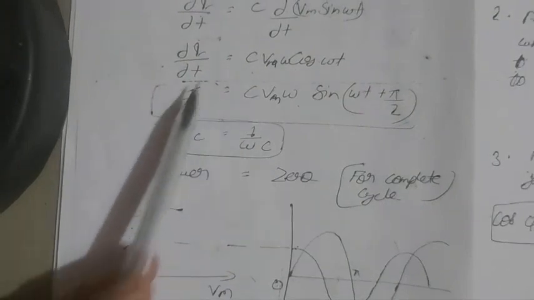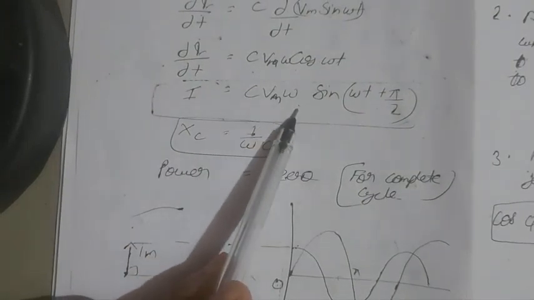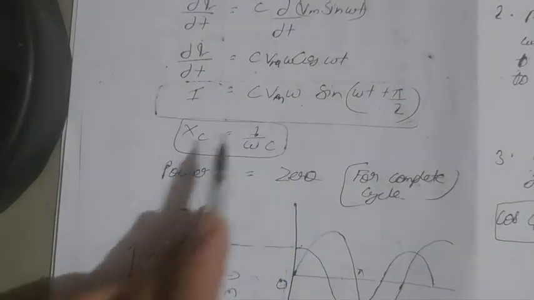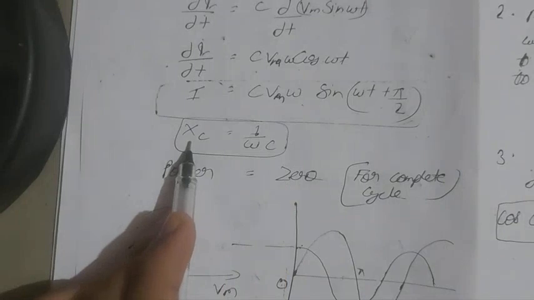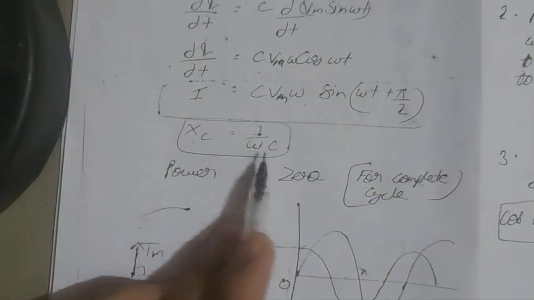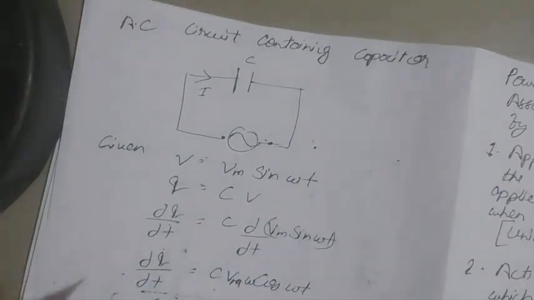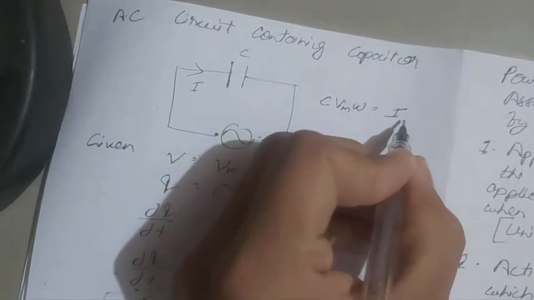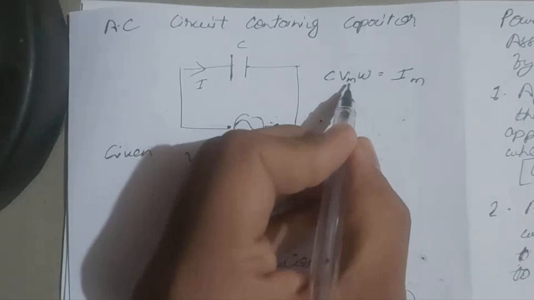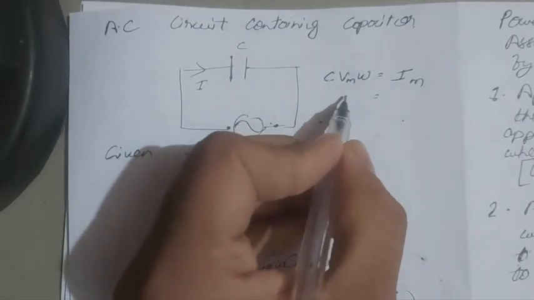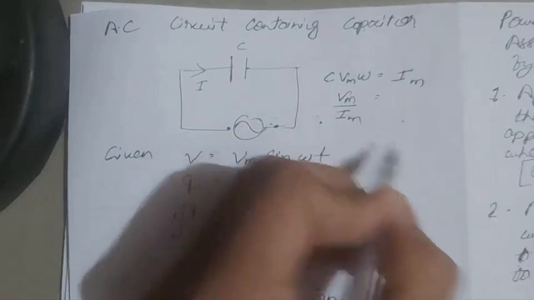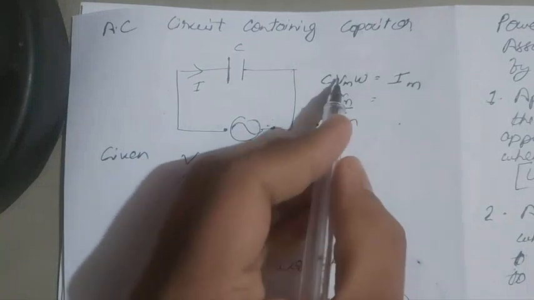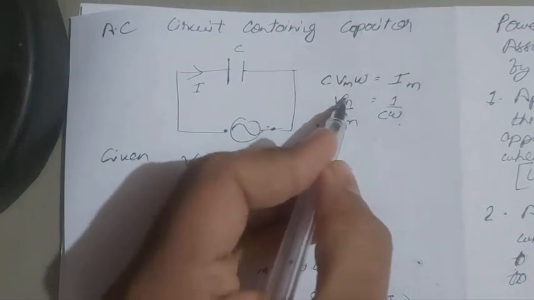After that, C Vm omega is the peak current for the capacitor, and we obtain the reactance for the capacitor. How is this reactance calculated? You can see C Vm omega is equal to peak current, and Vm by Im is the resistance, and shifting this, C omega.